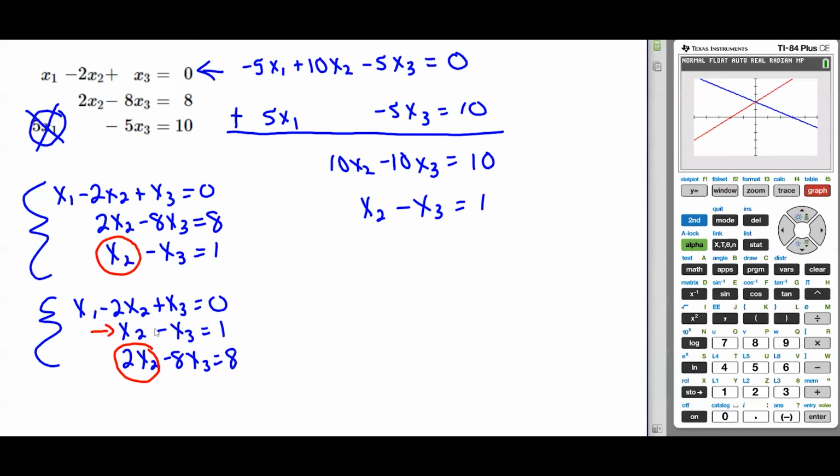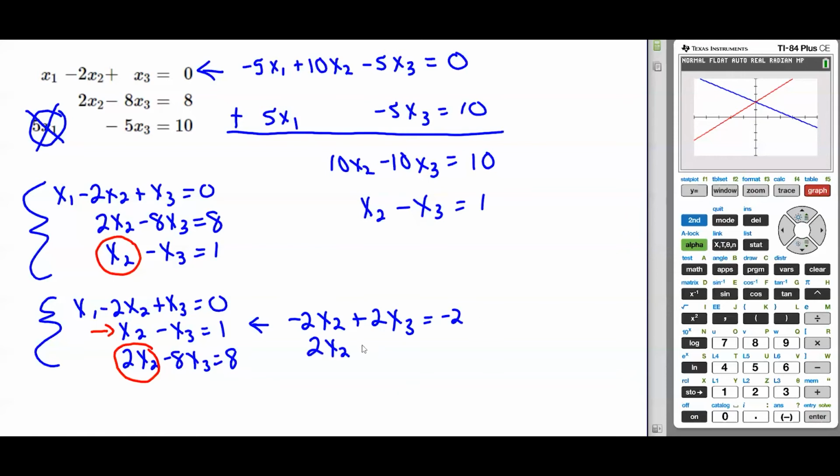So if I multiply this by negative 2 and add to the third equation, then that'll eliminate this 2x2 in the third equation. So I'm going to write that to the side. I'm going to multiply this by negative 2. So this will be negative 2x2 plus 2x3 equals negative 2.